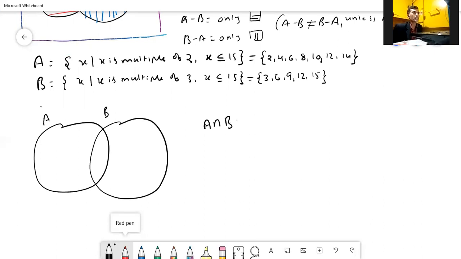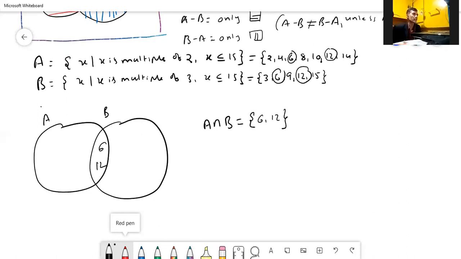A intersection B: X belongs to A and X belongs to B. What are the common elements? We are having, yes, 6 is there and 12 is there. Okay, 6 and 12. They are multiples of 2 and 3. So the common elements we'll write first: 6, 12.